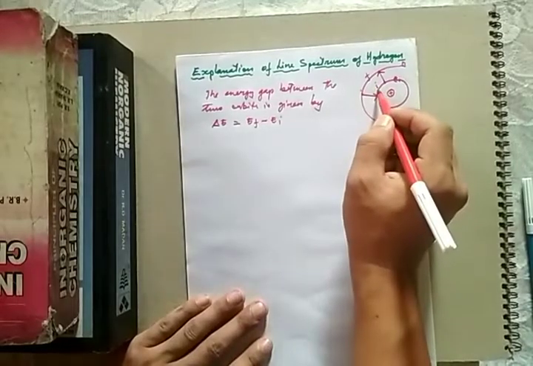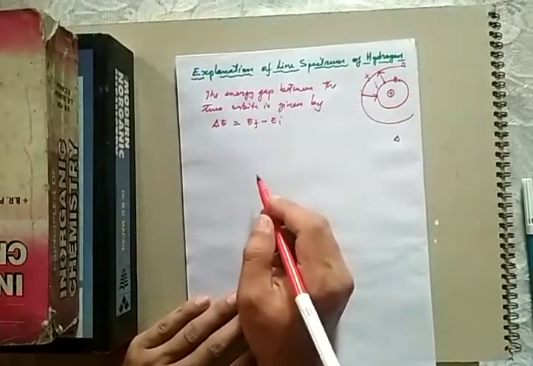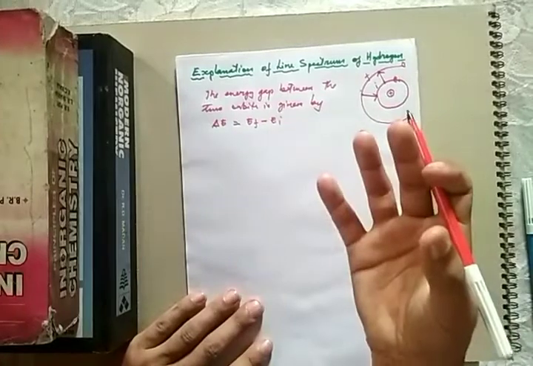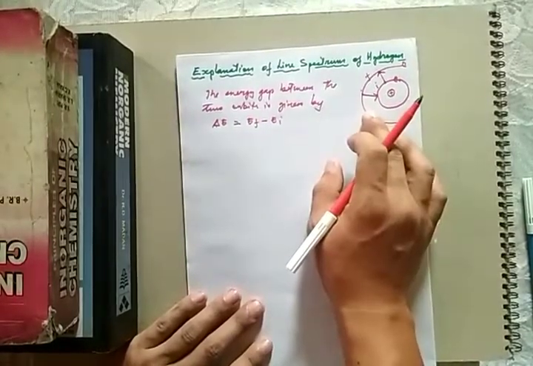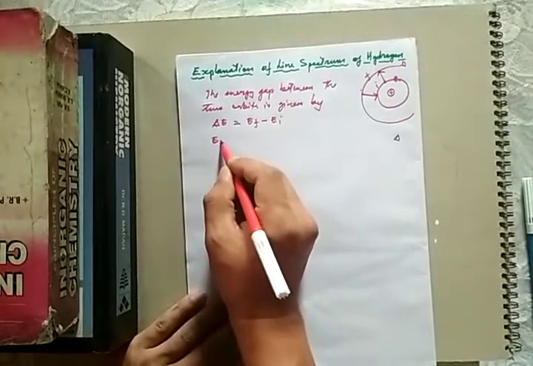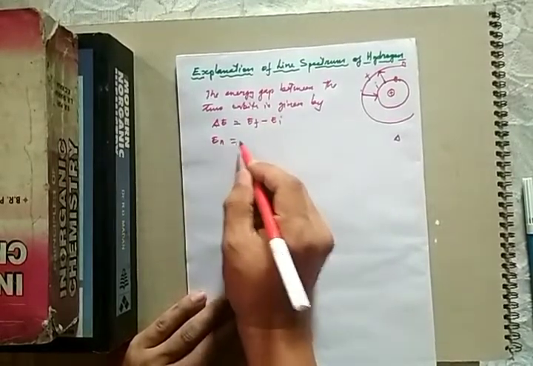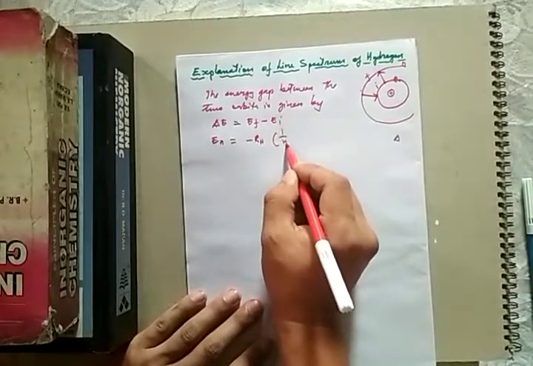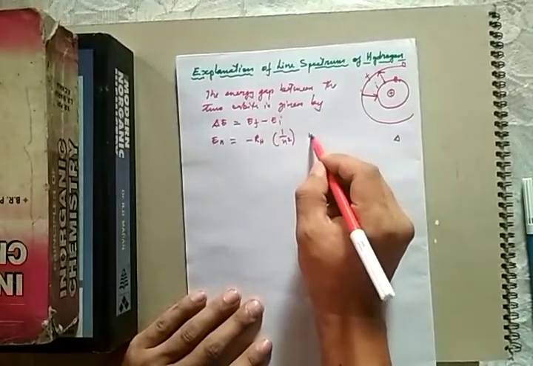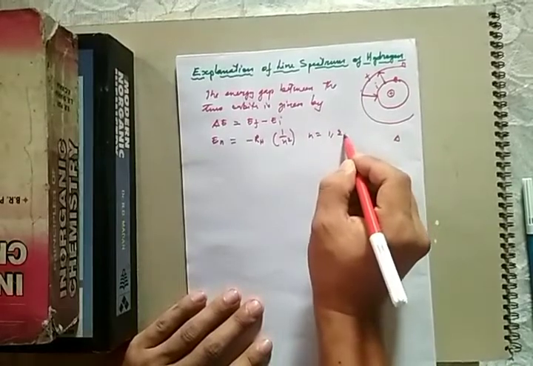We have already discussed that the energy of a stationary state is given by En equals minus RH by n square.